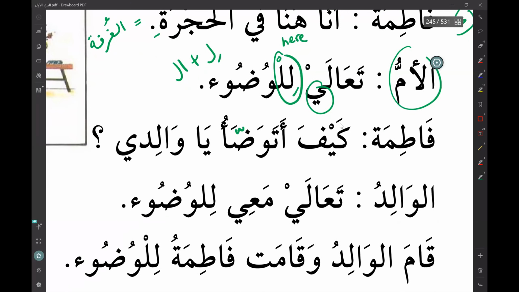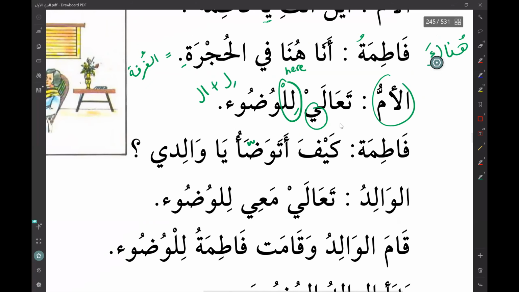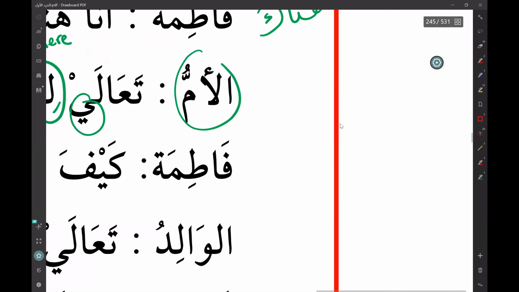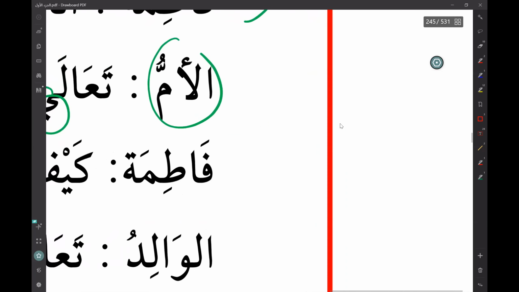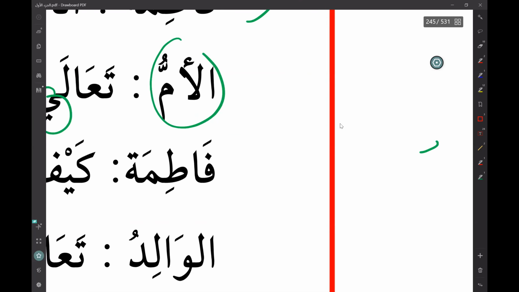Because the mom is asking to come and she's saying what? How? كيف is how. What is أتوضأ? We talked about this verb yesterday and, inshallah, you should be able to understand it. The past tense verb we said is what? توضأ.